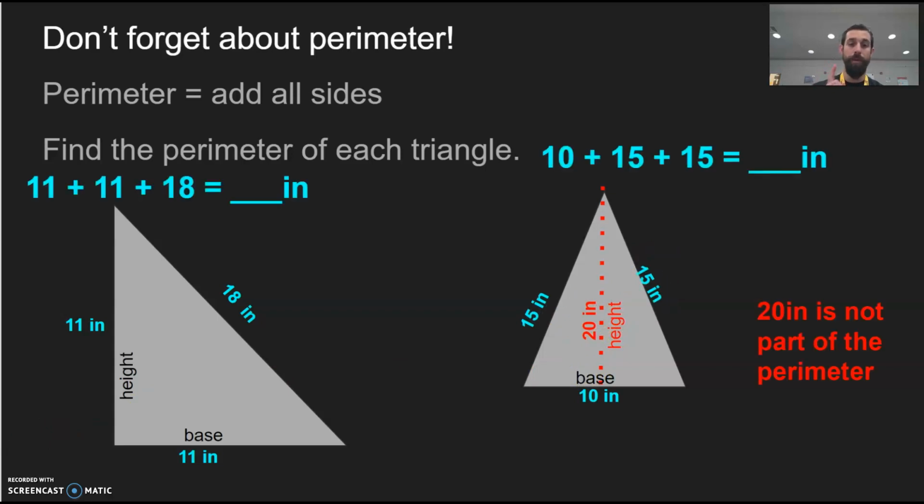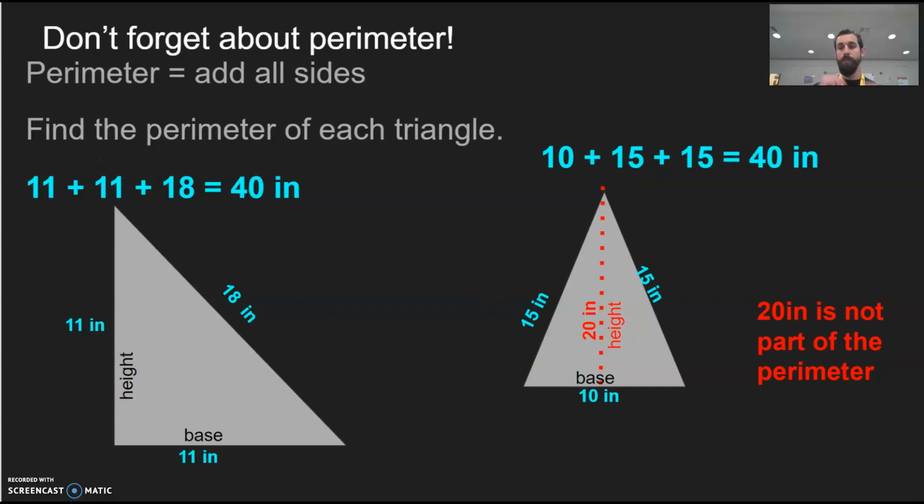One thing I want you to remember is that the 20 on this triangle is not an outside edge. It is not one of the sides. 20 is the height. It is not part of the perimeter. So whenever you're doing your addition, you do not include that 20 as part of your perimeter. If you said 40 inches for both of the triangles, you got it right.